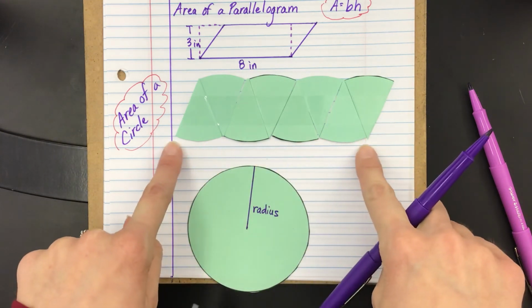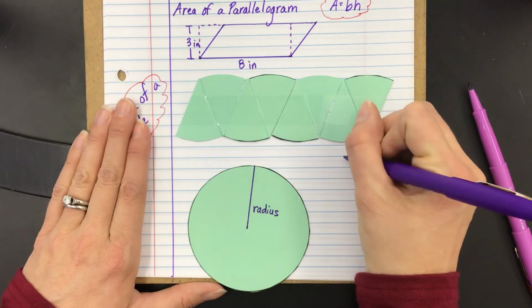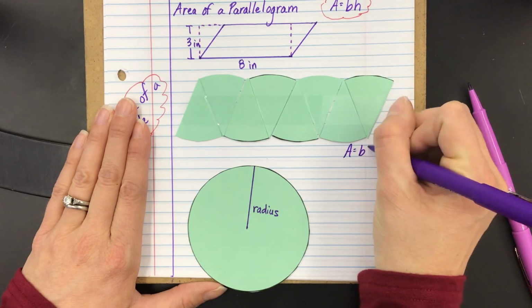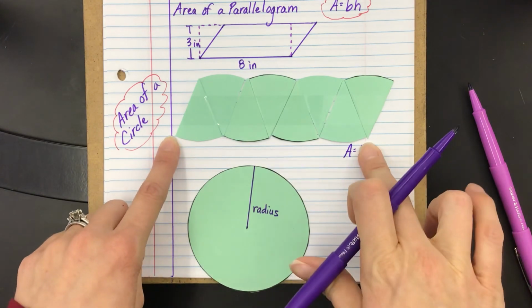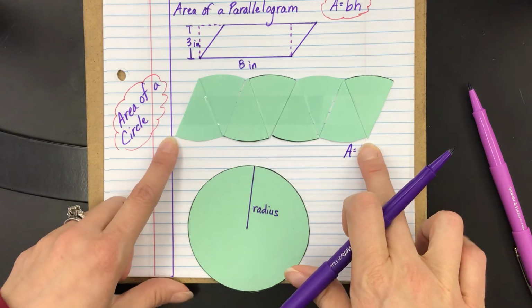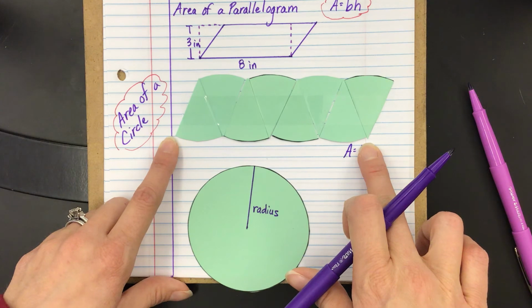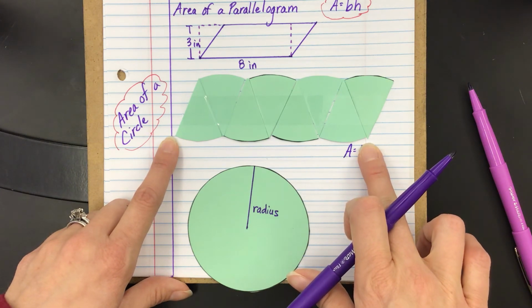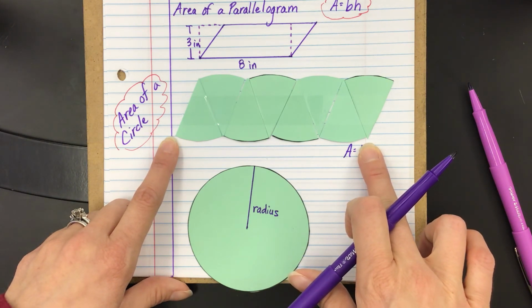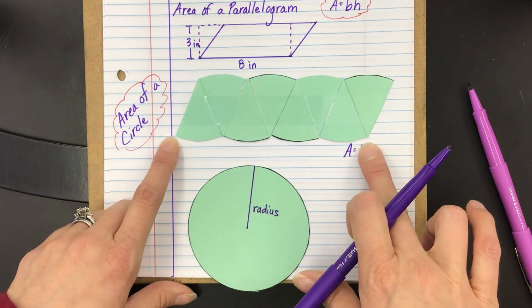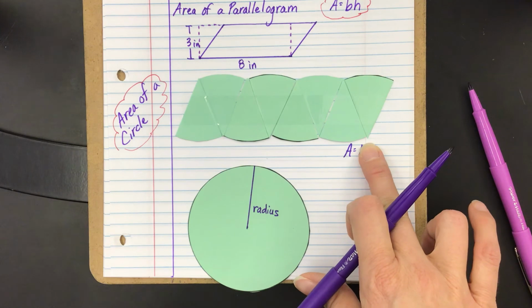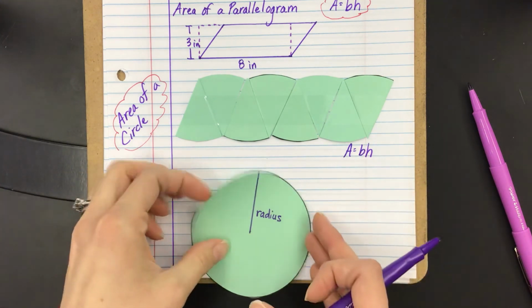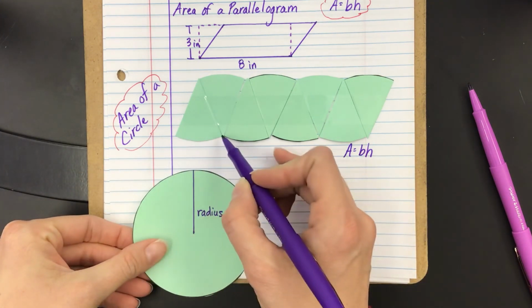We're going to use the formula area equals base times height. So what is the base here for this? Yeah, Maddie. Pranav. It's the bottom of the shape, but compared to a circle, what is this part right here?